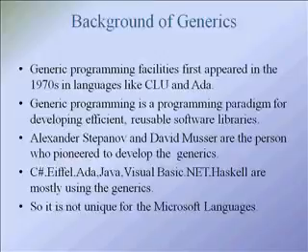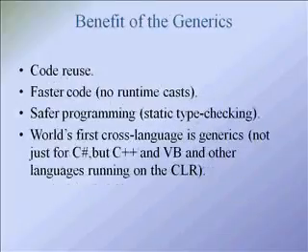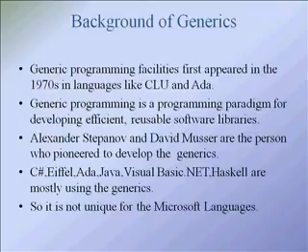First we went through the background of generics, then the benefits. We found that CLU and ADA are the first programs with generics, and Alexander Stepanov and David Musser are the persons who pioneered the development of generics. I also told you that generics is not unique to Microsoft languages.